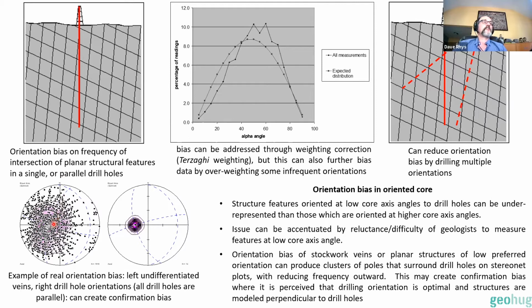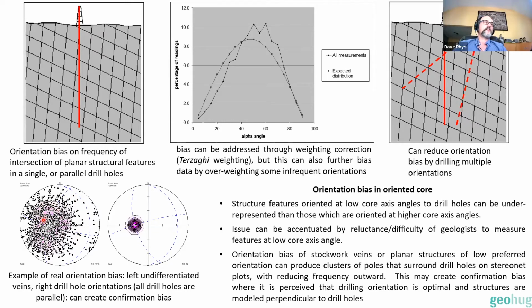And so what has happened is that we've got, in this case, a series of veins which aren't that consistently oriented. They're not quite a stockwork, but they have quite a bit of range in their orientations. And because of this bias here, the ones that are almost perpendicular to the drill hole are being sampled much more than the ones that are at a low core axis angle.